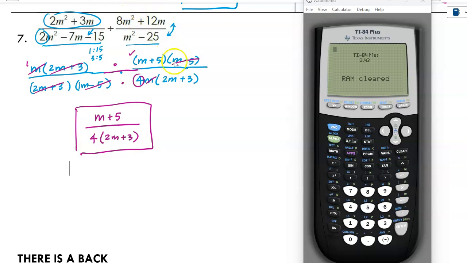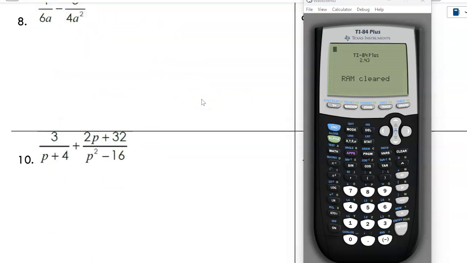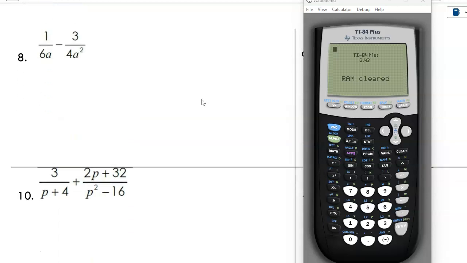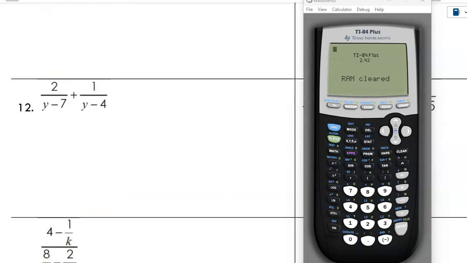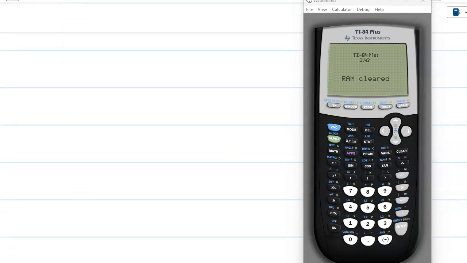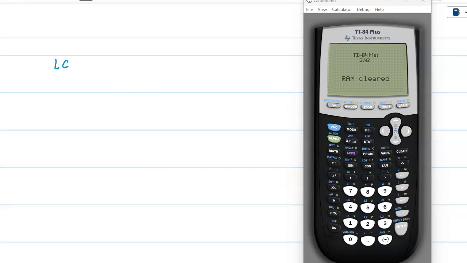Moving on, we have addition and subtraction. Okay, so now one of the things that we may have to go over, I'm going to go over it, is something called the least common multiple. Least common multiple. And you guys know the greatest common factor.